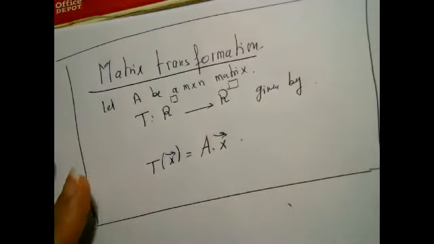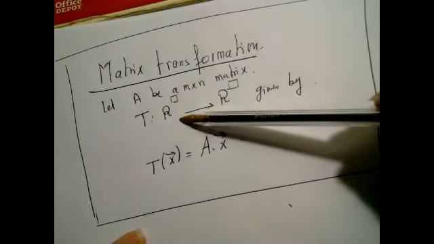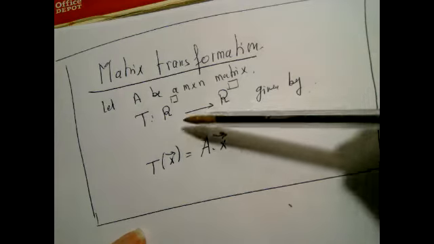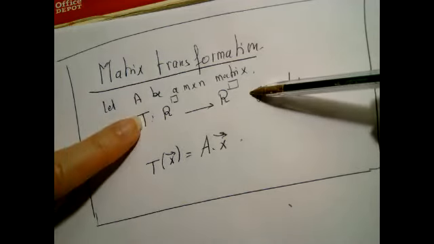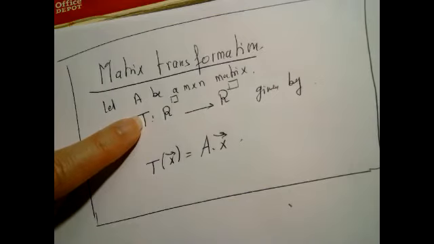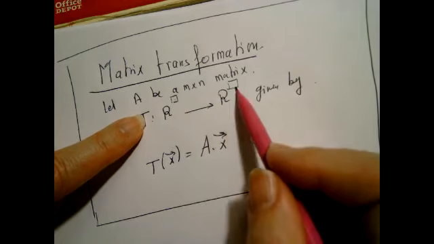So suppose A is a matrix and T the transformation from R to R given by A times x. For this to make sense, what should be the numbers here?